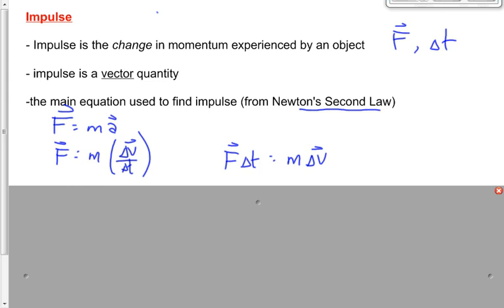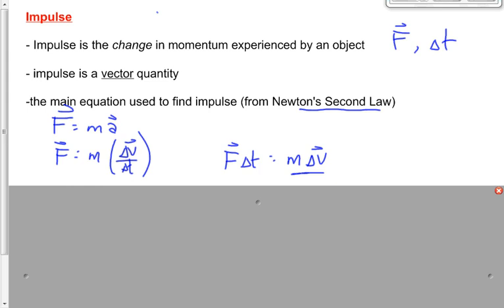What's the equation for momentum again? M times v, right? Is this momentum right here, m times delta v? No, it is not. M times v is momentum. M times change in v would be the change in momentum, right? What's the change in momentum defined as?